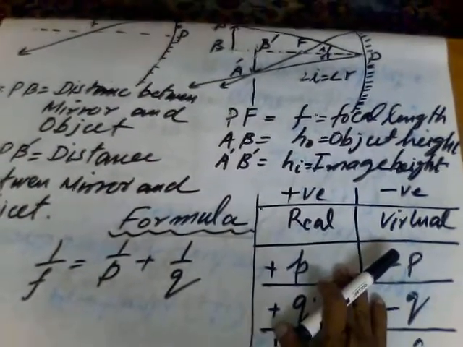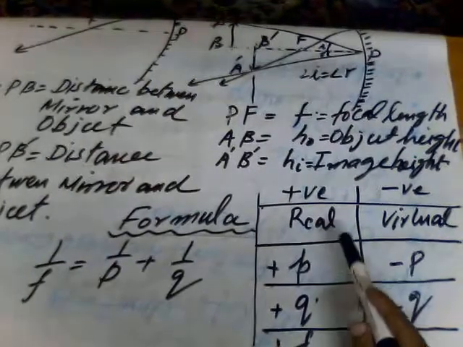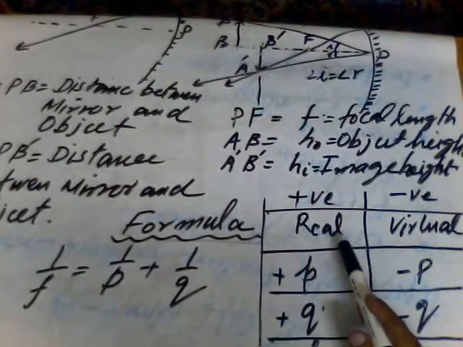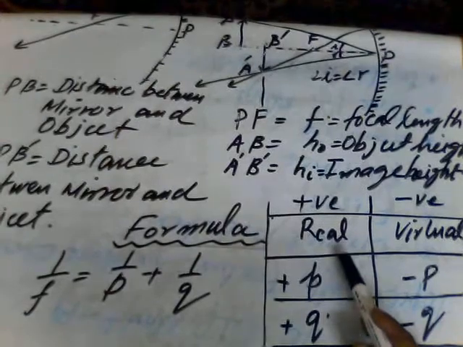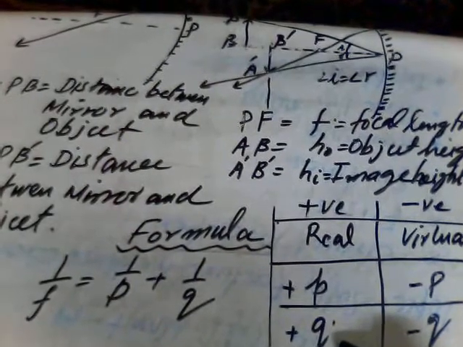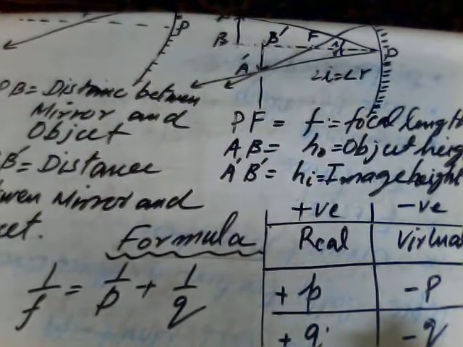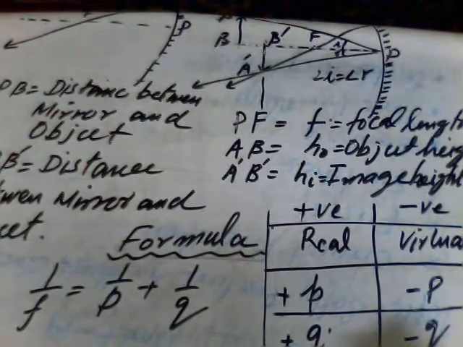All these distances are taken as positive when p, q and f are real.